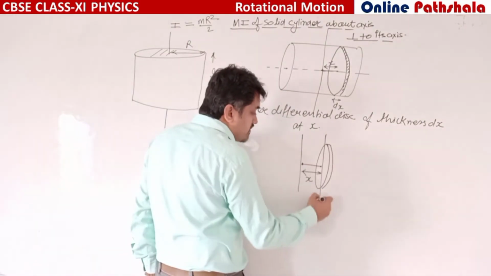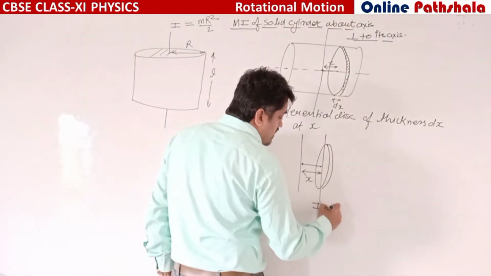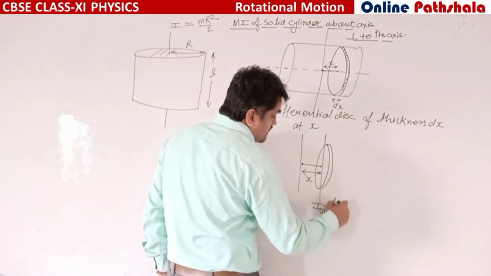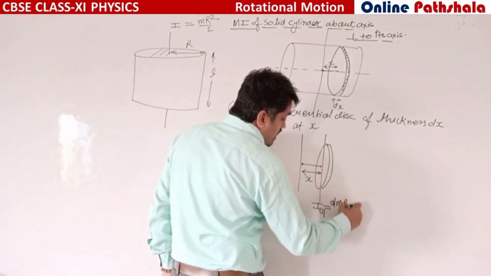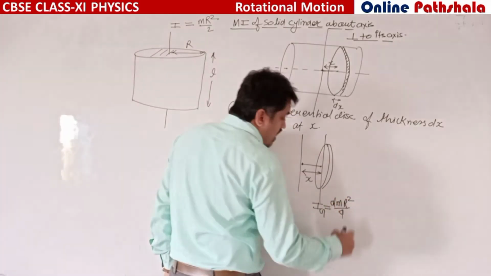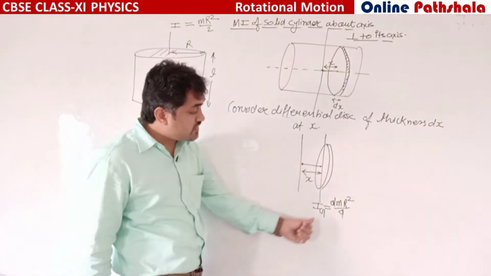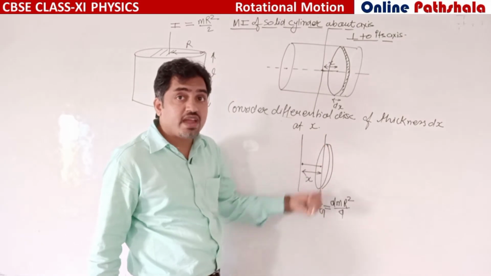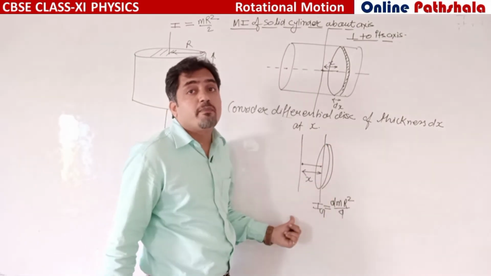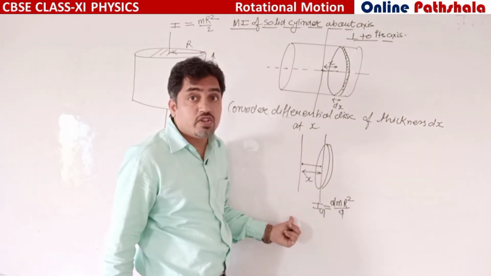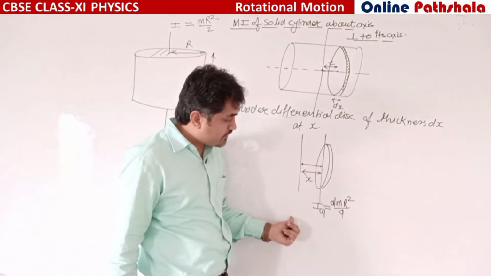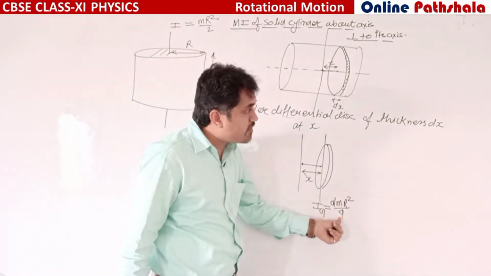First we have to find the moment of inertia Ig of this disk about its diameter, and then we can use the parallel axis theorem. So it is dm r square by 4.